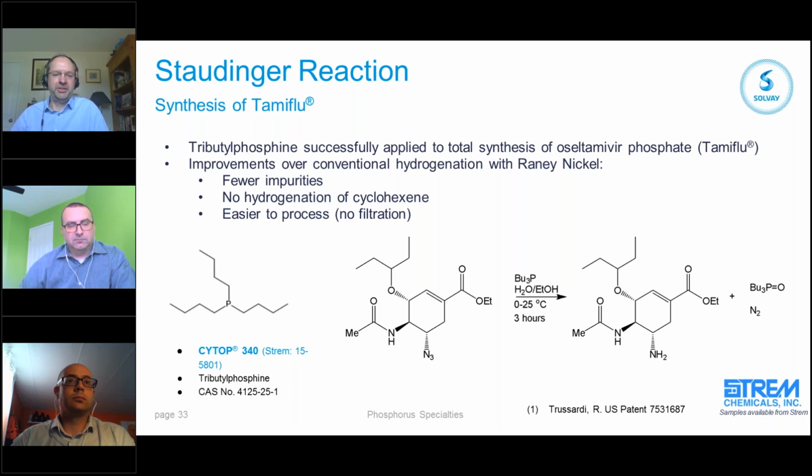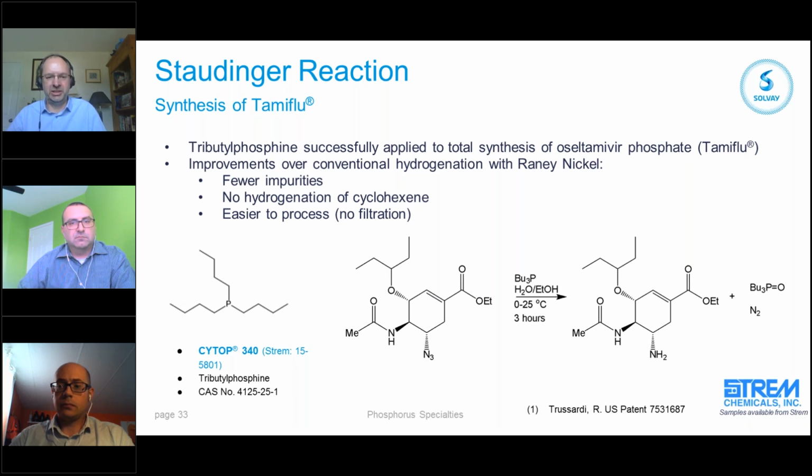So tributylphosphine is used commercially in a process developed by Hoffmann-La Roche to make Tamiflu, and it's used to reduce the azide to the amine in the reaction sequence shown here. This compares well with the conventional hydrogenation process using Raney nickel. So fewer impurities are generated.